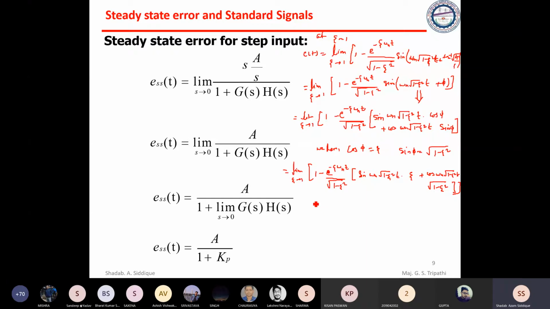So take the limit as zeta tending to 1 of sine of omega n square root of 1 minus zeta square into t, and we have zeta. You take the bracket in this. So what will you get if you substitute zeta tending to 1?